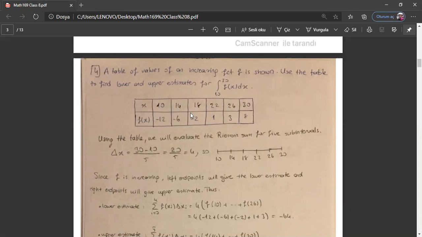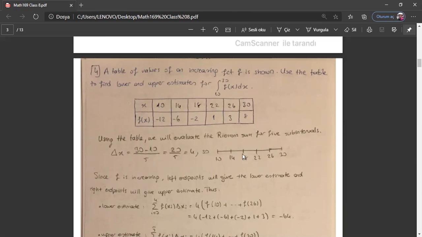So again, we will find this integral, and of course, we will use Riemann sum. So first we find the length of the subintervals. 30 minus 10 over 5, we get 4, okay?